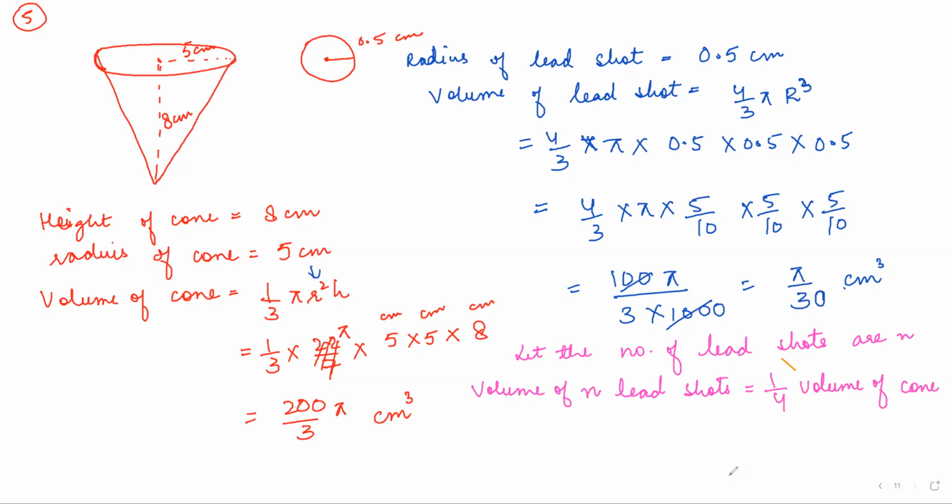Right? Okay. So can I write volume of n lead shots as n into volume of one lead shot is equal to 1/4 volume of cone. Is that clear?